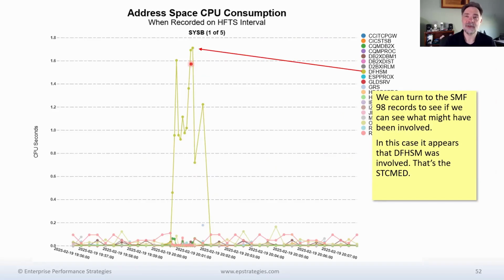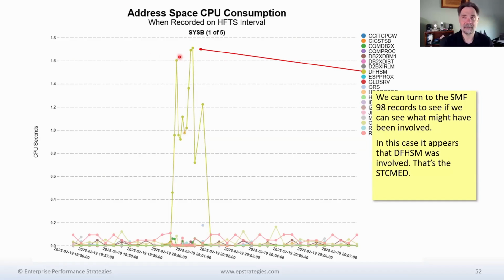Also, I should point out, you may be looking at this going, oh, it's CPU seconds, but it's like 1 to 2 CPU seconds. That doesn't seem like a whole heck of a lot. Yeah, but remember, these are 5-second intervals, especially in here, right? So 1 CPU second in a 5-second interval basically means I was using 1/5 of a CPU's capacity.